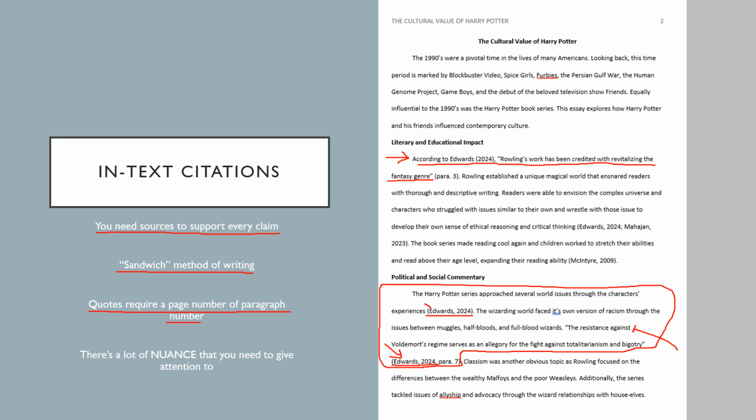And then it was Edwards, year, paragraph. Okay, if this was a book, it would be Edwards, year, page. So there are lots of different ways, but we don't try to weave the quotes in as half of a sentence or middle of a sentence or anything like that, okay?